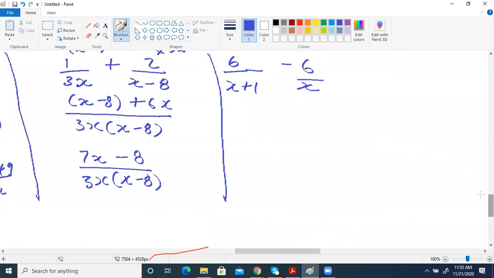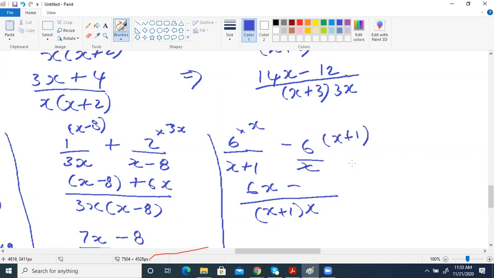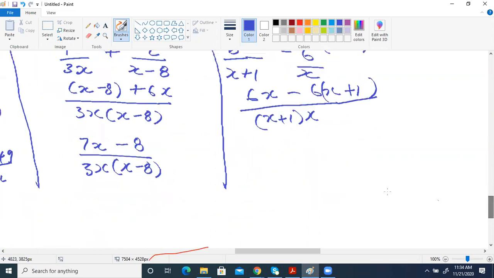Got that one. Next one, we have x plus 1, close bracket. This is 6x minus x into this is plus 1. I want to make sure that I show the working for this, because this is where the sign issues come up.